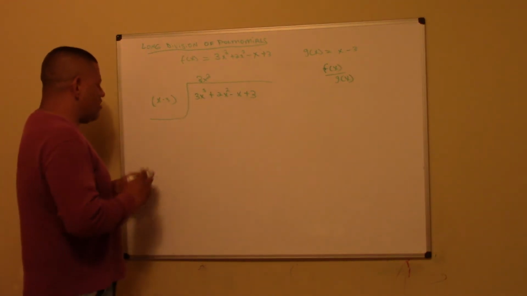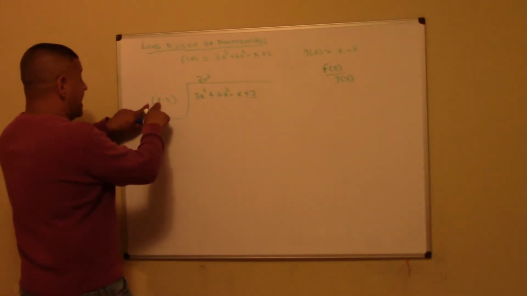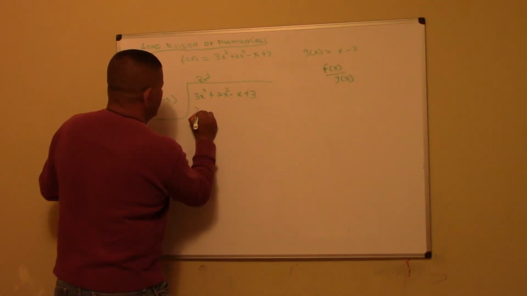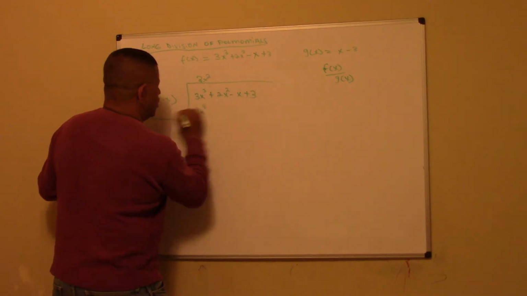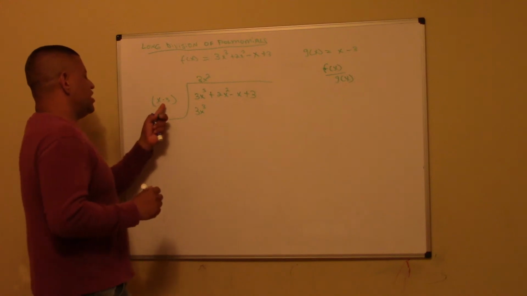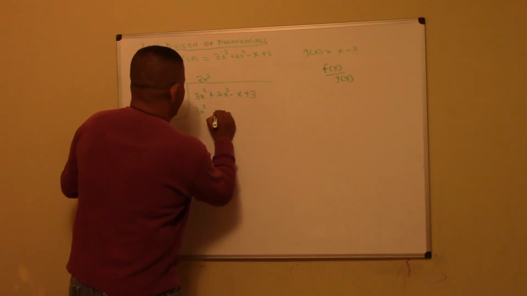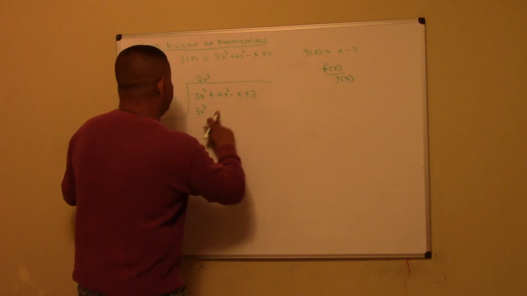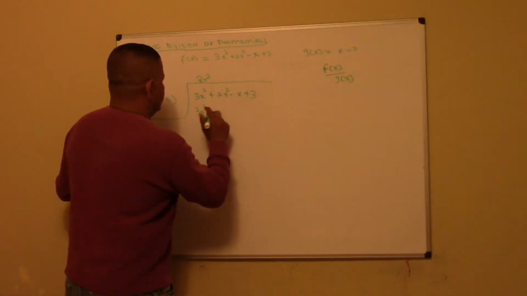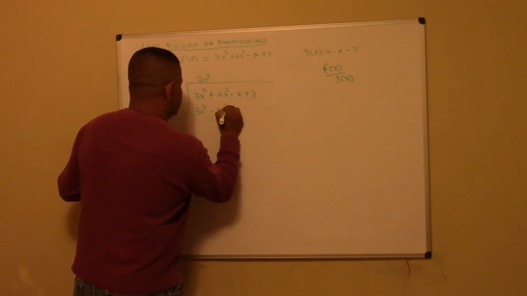Now I multiply: x times 3x squared is equal to 3x cubed. Then negative 3 times positive 3x squared is negative 9x squared.